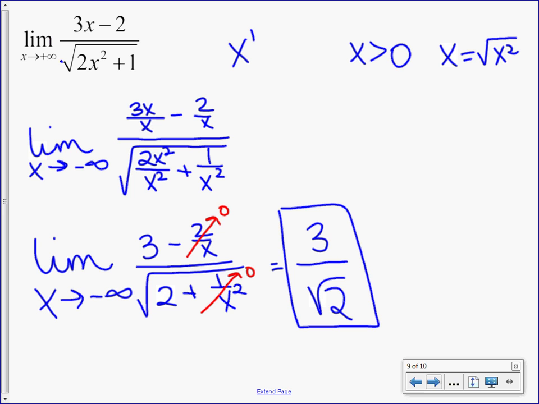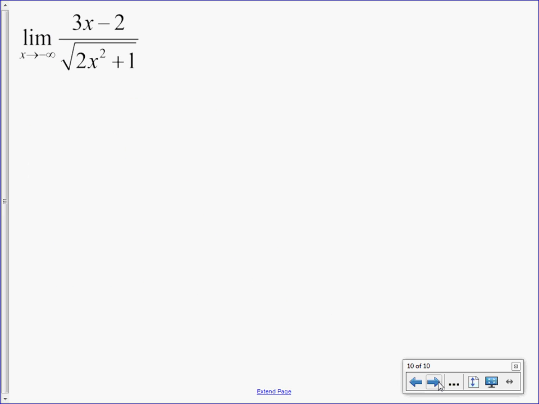That's the difference. Now, I want to look at as we go to negative infinity. Now, x to the first, that's our highest power still, right? However, when x is negative, what's true about x compared to the square root of x squared?